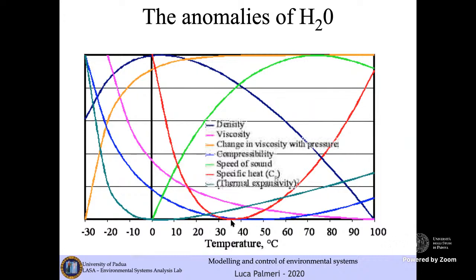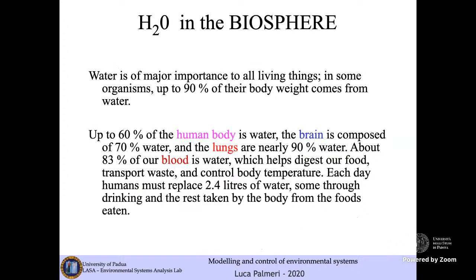So going away from this minimum, the specific heat grows, and away from the 30, 40 Celsius degree minimum, water may absorb a significant quantity of heat or thermal energy.